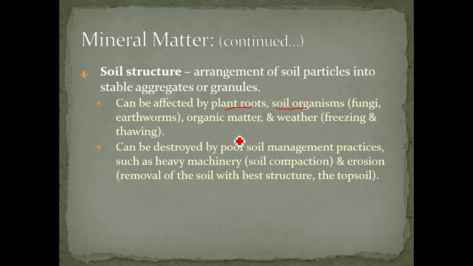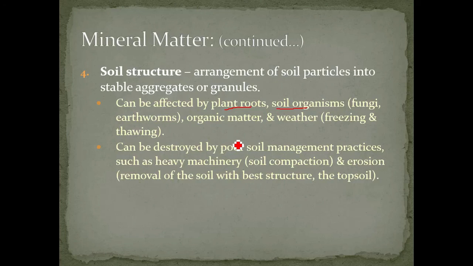Freezing and thawing of soils, the water expanding and contracting, will have an impact on soil structure. And again, you can destroy soil structure by poor management practices, heavy machinery, soil compaction, and erosion.